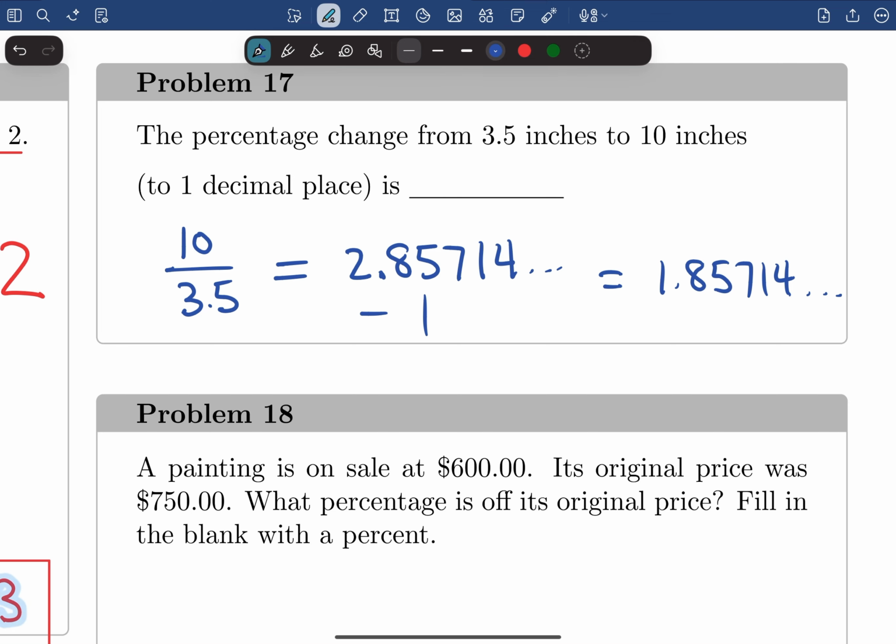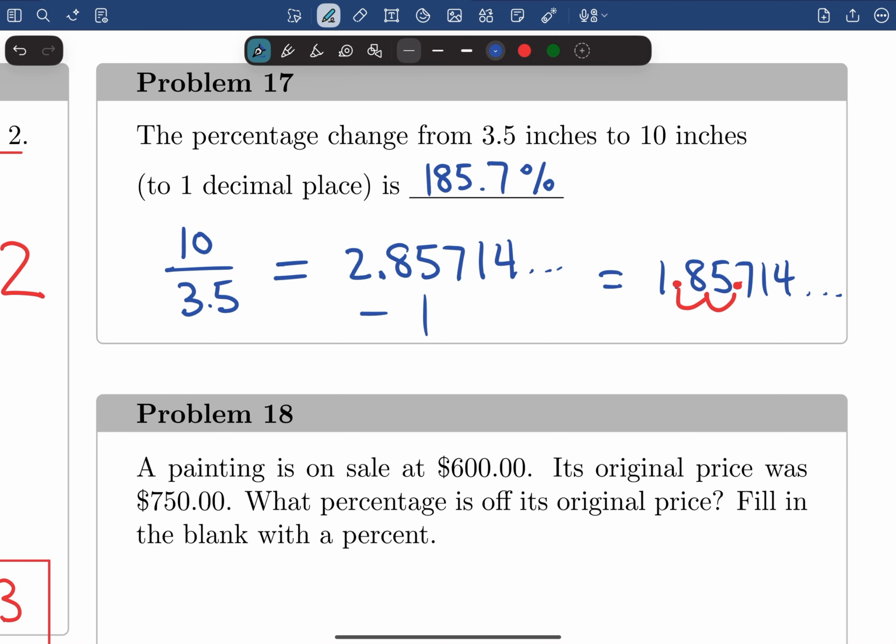Now, to turn this decimal into a percent for my final answer, I have to move the decimal place 2 places to the right. So this decimal place moves right there, and I've got my answer. It's 185.7%.